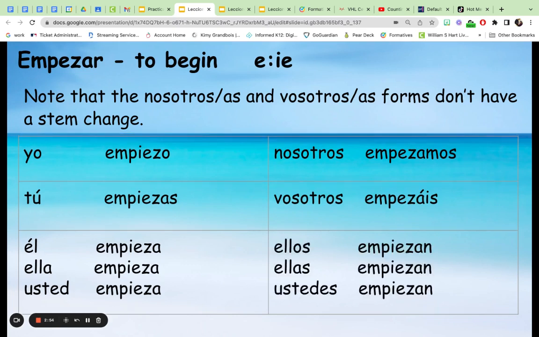Ellos empiezan. Ellas empiezan. Ustedes empiezan. Note that the nosotros and the vosotros forms don't have a stem change. Sometimes these are also called boot verbs because the part that has the change makes a boot. So if I was to come around and go like this, that part makes a boot.